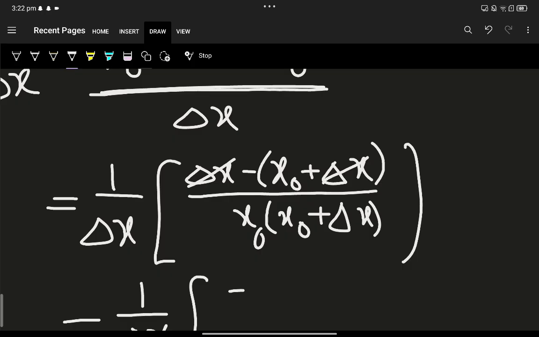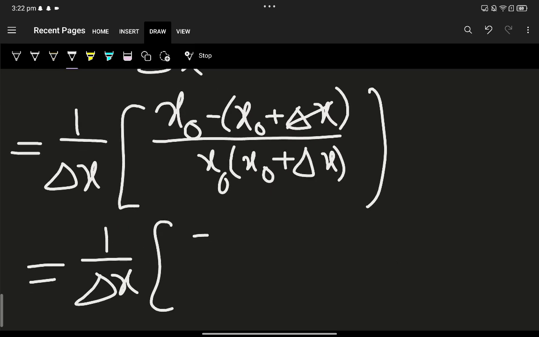So it will basically be x naught, right? X naught, and same goes over here. So it will be x naught, so yeah, it will not be cancelled out, right? You can see, so delta x, sorry for the mistake, actually here it will be x naught.